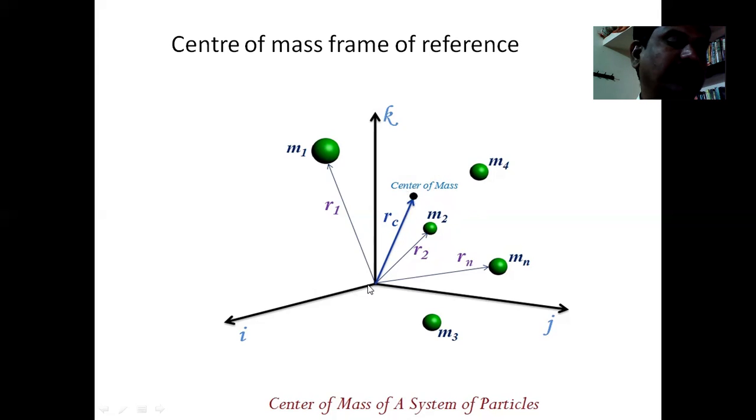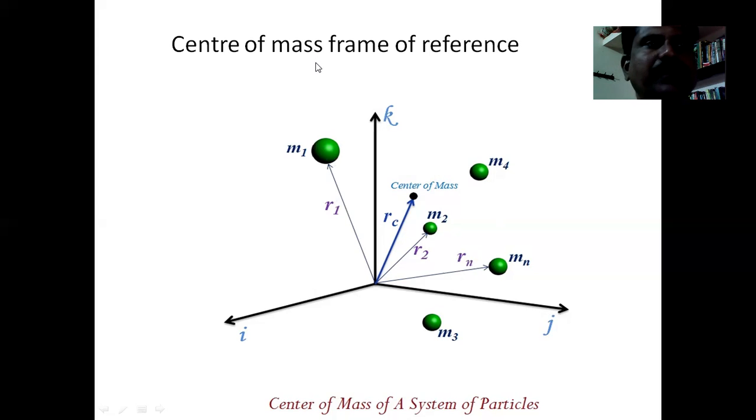Relative to this inertial frame, the center of mass is at rest. When the center of mass is at rest with respect to this frame, the velocity of the center of mass is zero. When VCM is zero, automatically the PCM, the total momentum of this isolated system, is zero in the absence of an external force.